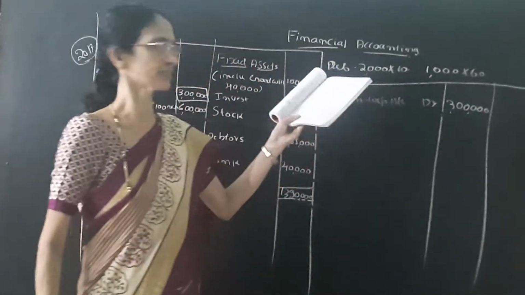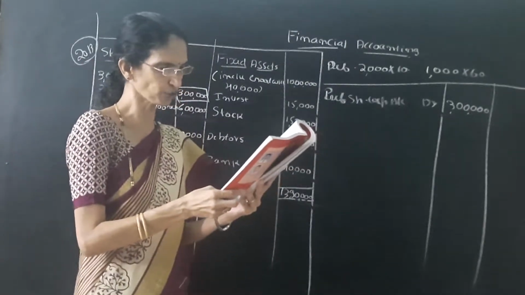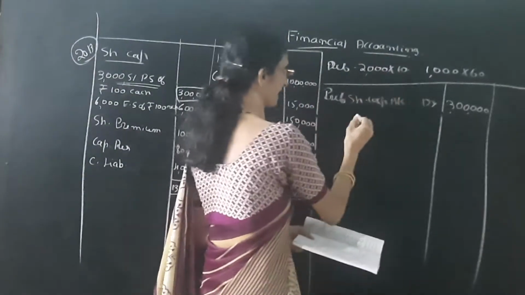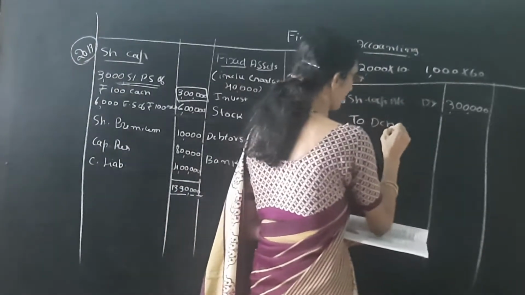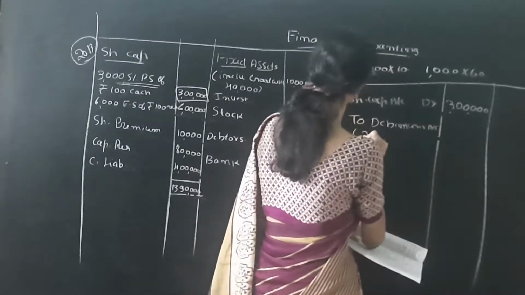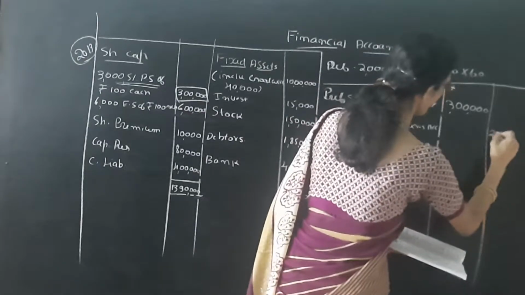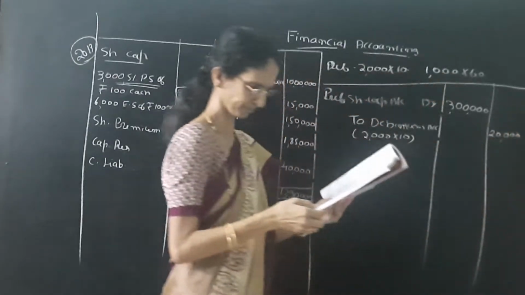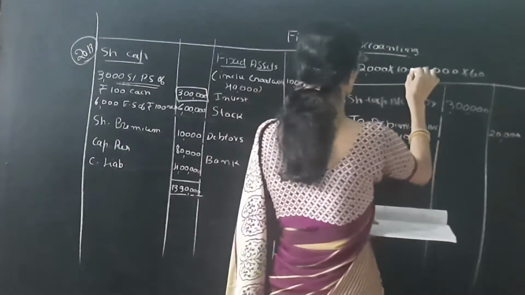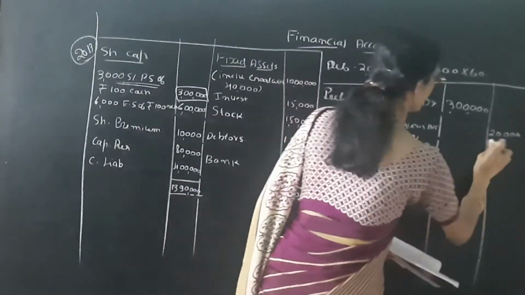How is it distributed? The preference shares are to be exchanged for 2000 debentures of rupees 100 each. So to debentures account, 2000 into 100, that is 2 lakh.